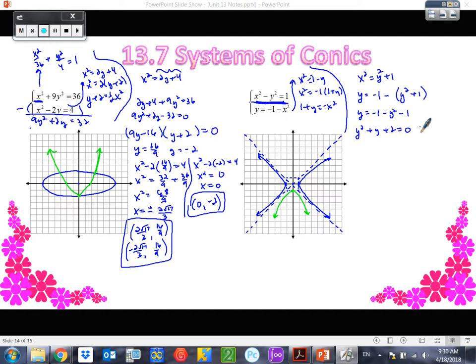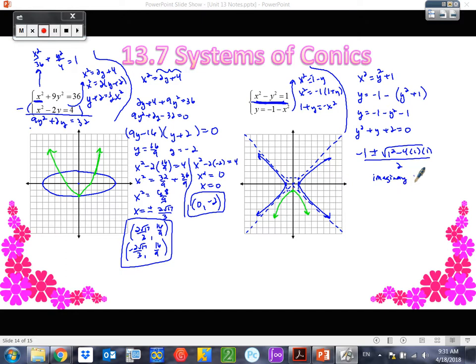Our trusty little friend. Quadratic formula: negative b plus or minus the square root of b squared minus 4 times a times c, all over 2 times a, and whoa. We don't even have to go any farther. You don't need to find the imaginary roots. There's no sense. We want real roots. So we look at this, and that's going to be imaginary. These are imaginary.